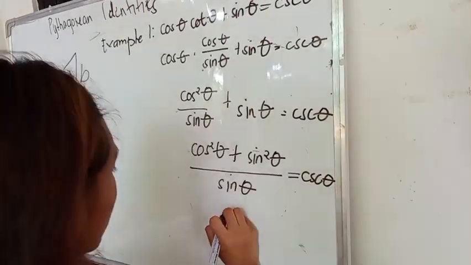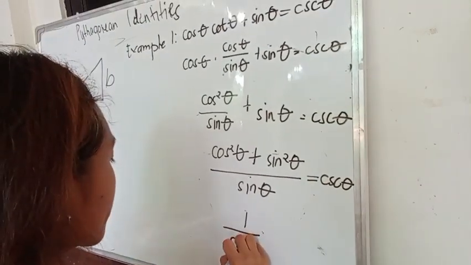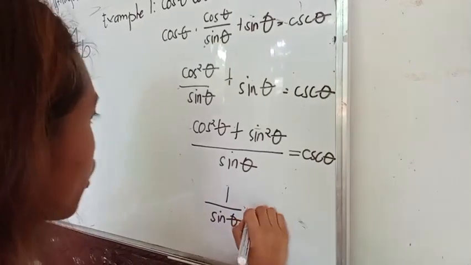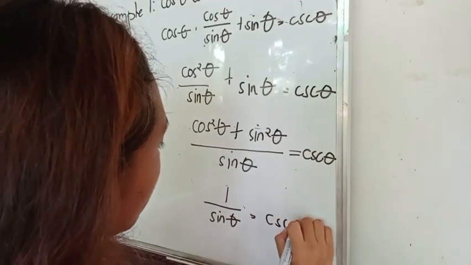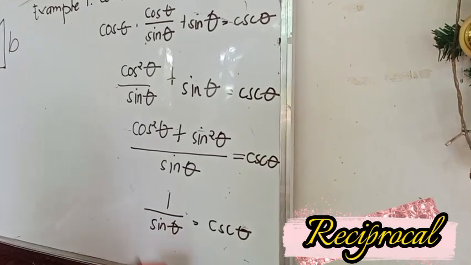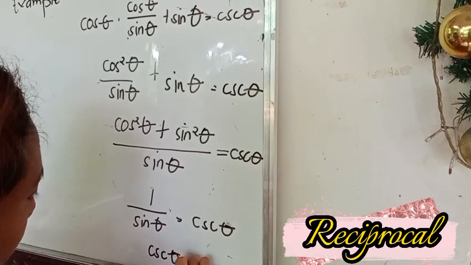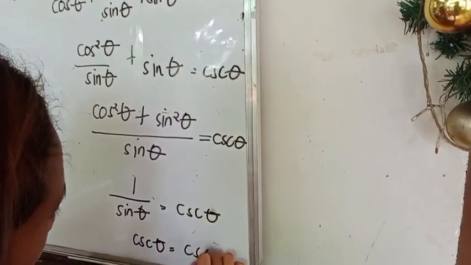So we're going to put there 1 over sine theta, which is equal to cosecant theta, the reciprocal of sine theta. And this is it. We proved it.